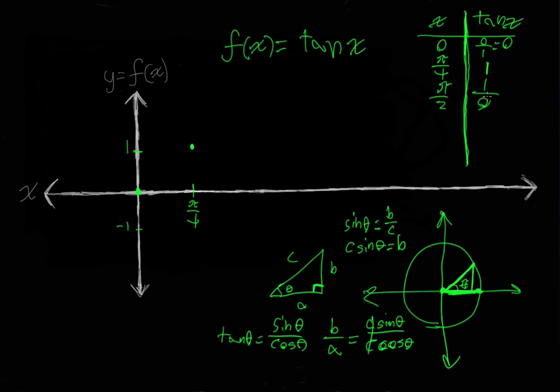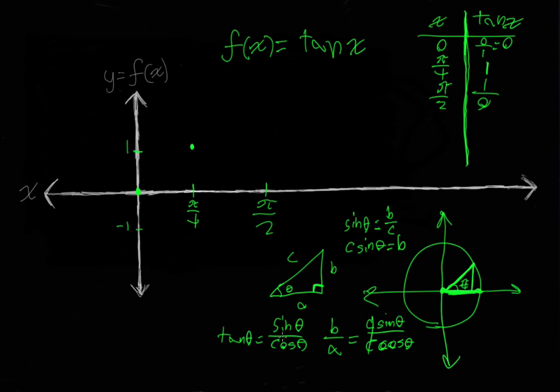So as we get to pi over 2, our numbers are going to get huge. It's not really infinity because it's undefined, but it approaches infinity.